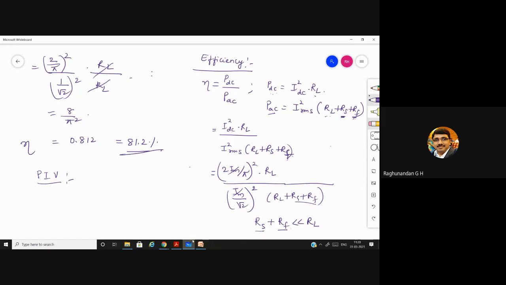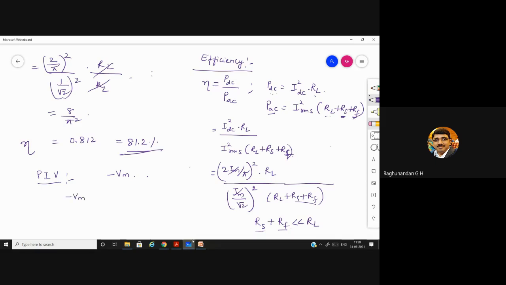See here, in the last case, we had a single diode, so the reverse voltage that can be withstood by the diode is minus Vm. But in this case, since we have two diodes, in each half cycle the peak inverse voltage offered to each diode will be minus Vm.